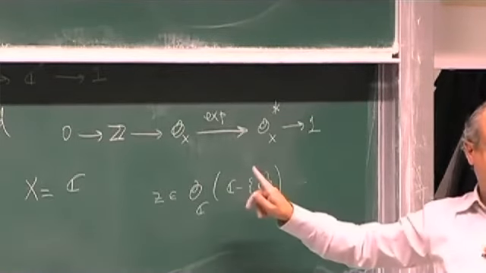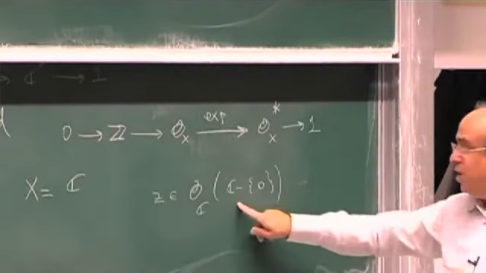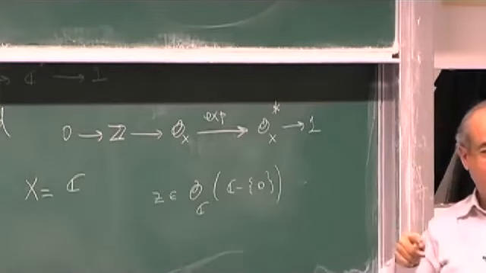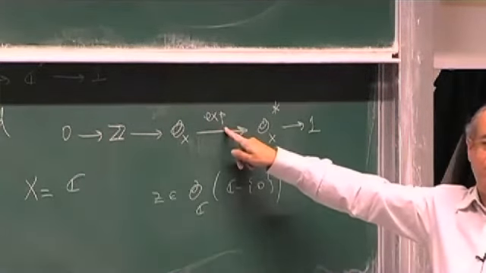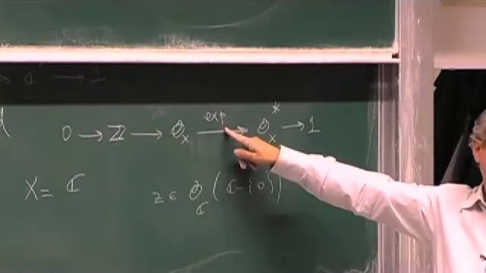So z is not in the image. The problem is that our open set includes 0. But anyway, this means that this map is not surjective for all open subsets.